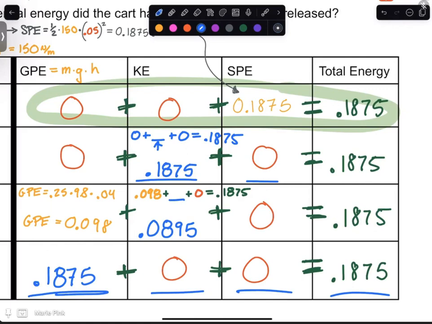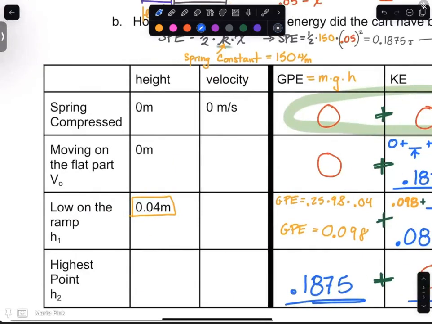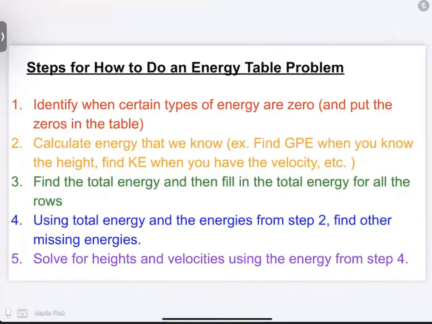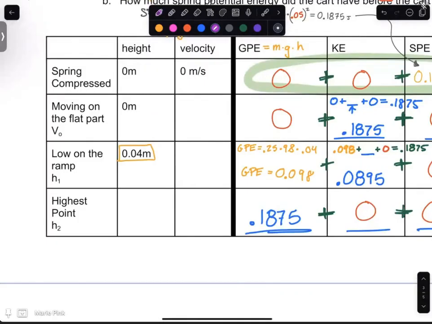So now the only thing we have left to do is find heights and velocities. So step 5 is solve for heights and velocities using the energy from step 4. Alrighty, well, kinetic energy is equal to 1/2 times my mass times velocity squared. And gravitational potential energy is m times gravitational field strength times height.